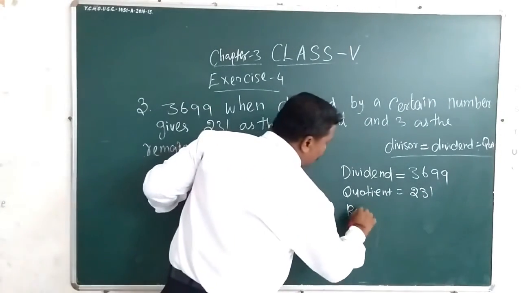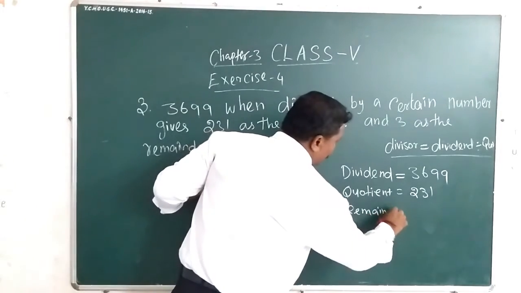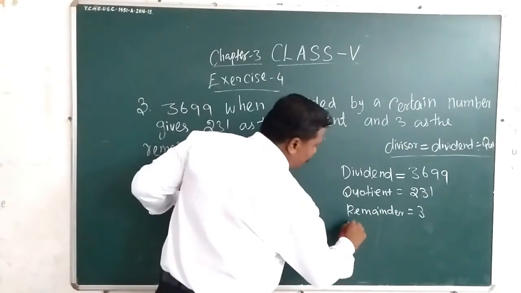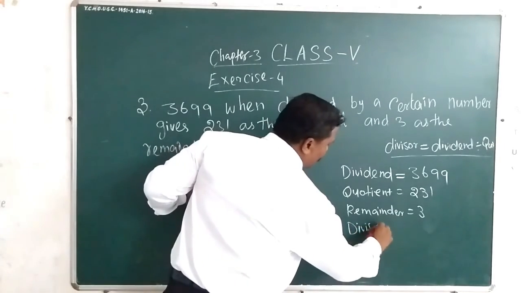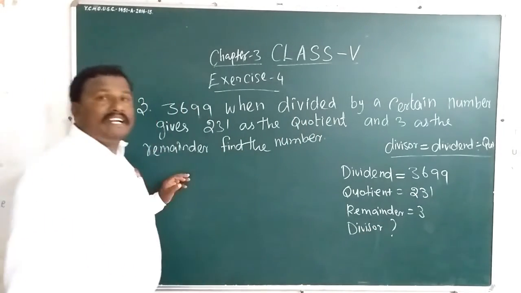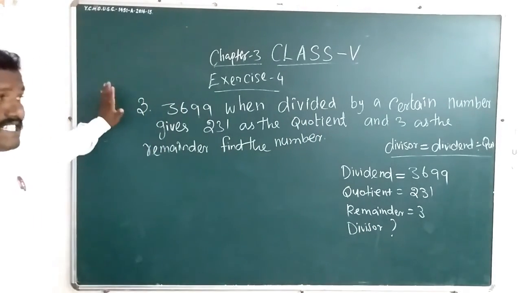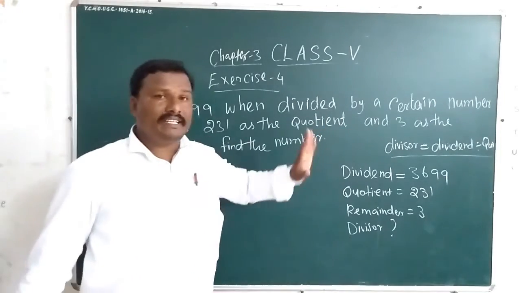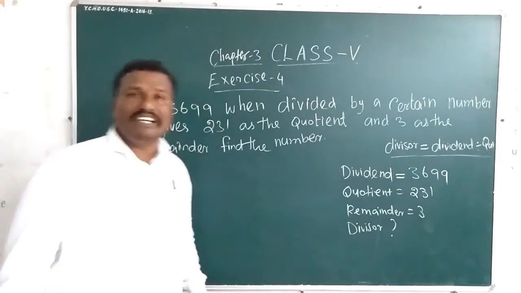So we have remainder. Then what is the divisor? So we want to find out the divisor. As per this sum, they given dividend, quotient, remainder. We need to find out the divisor.